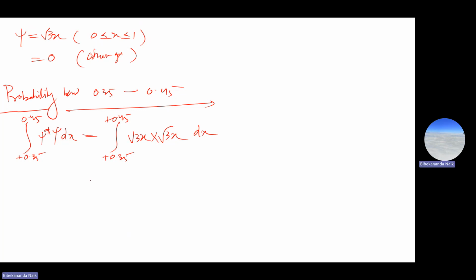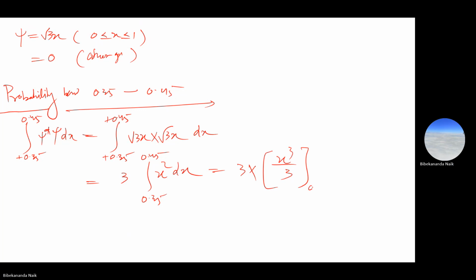Then 3 will come out, and it will be x square dx integrated from 0.35 to 0.45. This is 3 into x cube by 3, from 0.35 to 0.45.